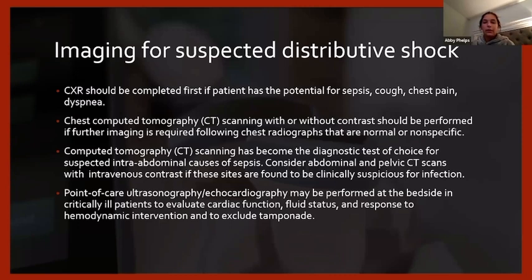CT scanning has become the diagnostic test of choice for suspected intra-abdominal causes of sepsis. Consider abdominal and pelvic CT scans with intravenous contrast if these sites are found to be clinically suspicious for infection.